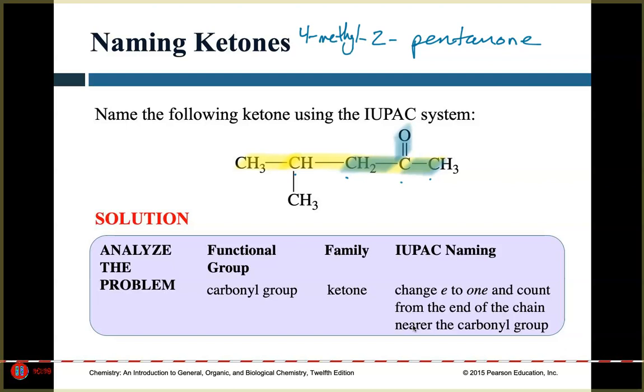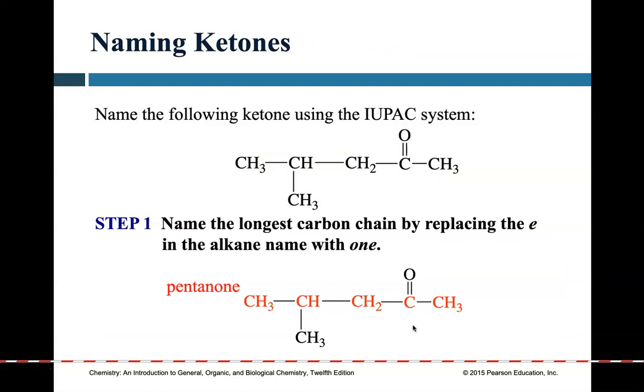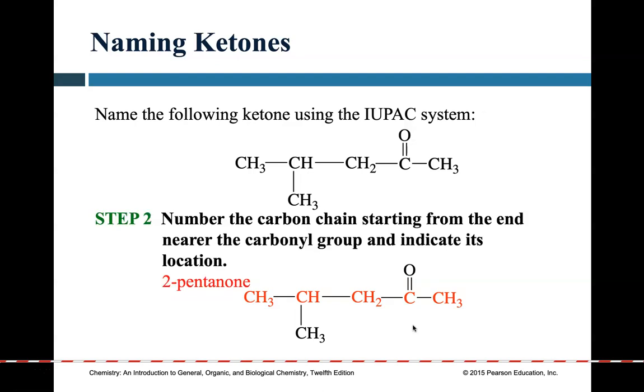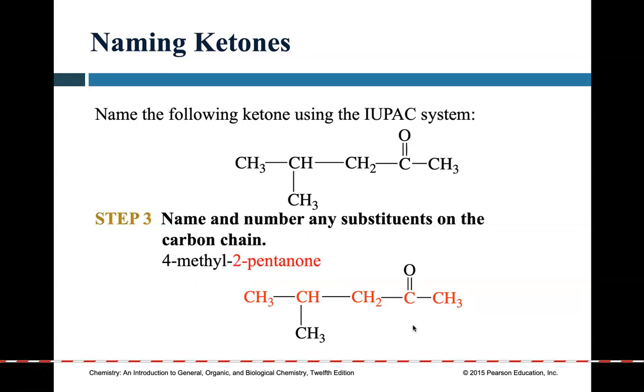So 4-methyl 2-pentanone. And again, we could go slowly through the steps, so if you need a little bit more time, right, we find our longest chain, change the ending from E to -one. We have to indicate where that carbonyl oxygen is. It's on the 2 position. And then we're left with one more substituent group, which is a methyl group at the 4 position.